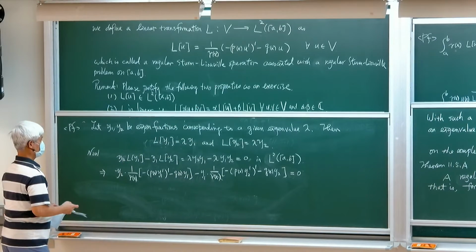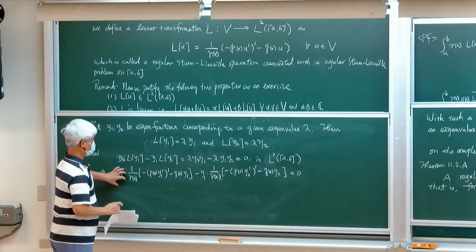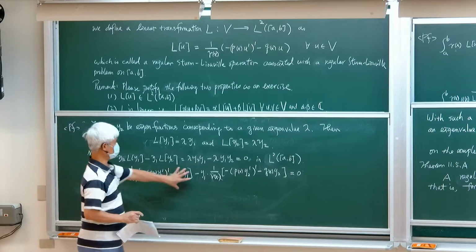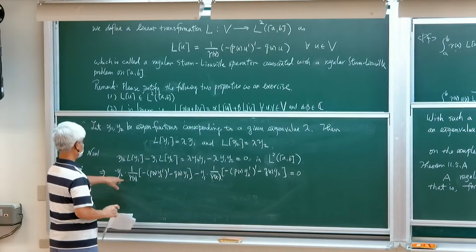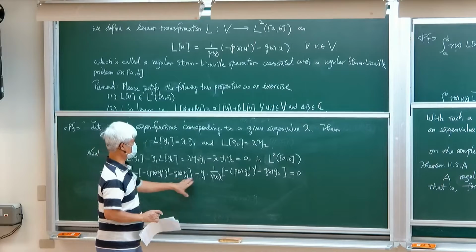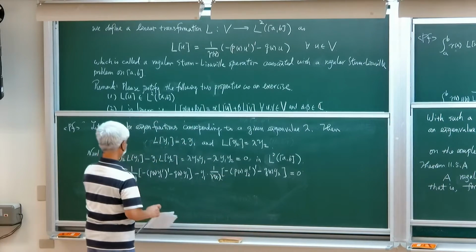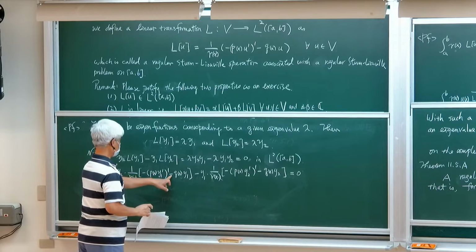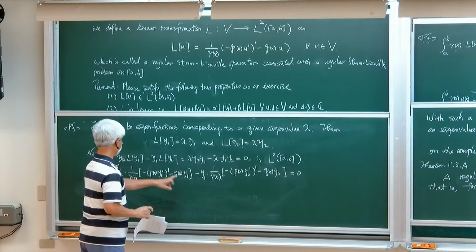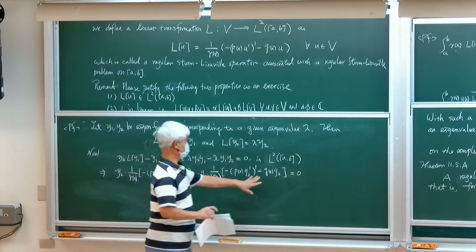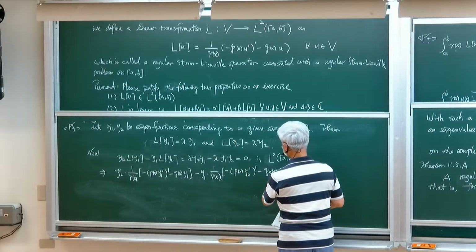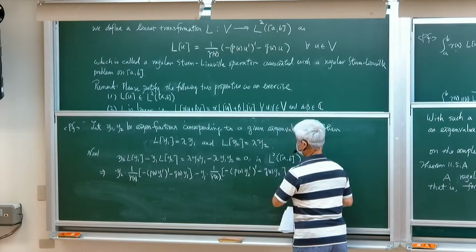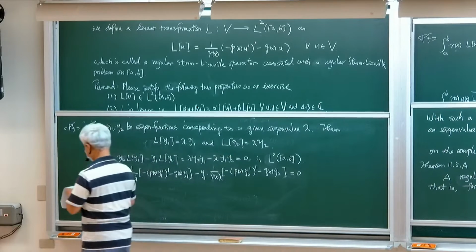When you do that, we have 4 terms. But the second and the fourth terms can cancel each other, because the second term is minus Q of x y1 y2, and the first term is plus Q of x y1 y2.